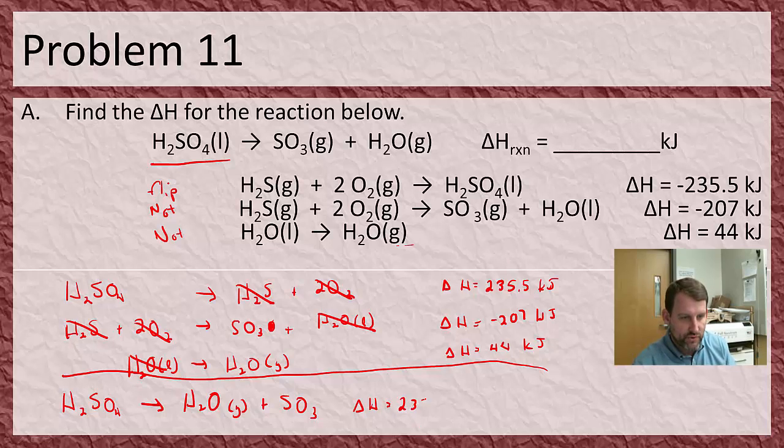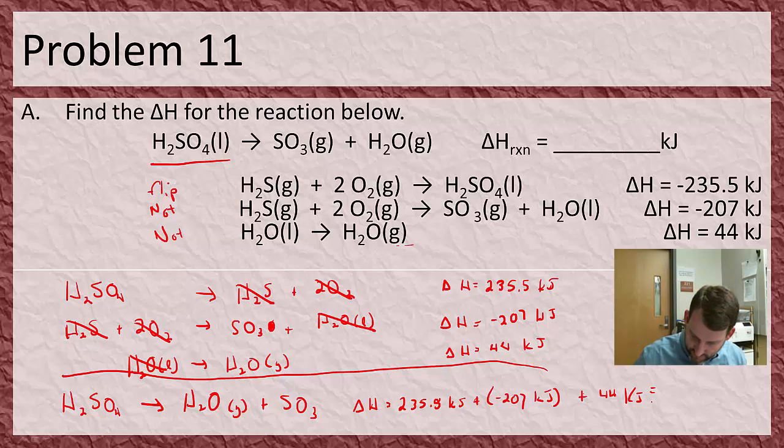So 235.5 kilojoules plus a negative 207 kilojoules plus 44 kilojoules, and that's going to end up being 235.5 plus negative 207 plus 44.